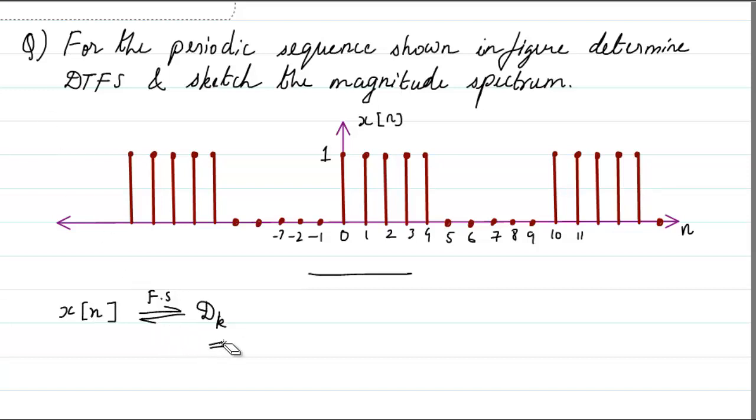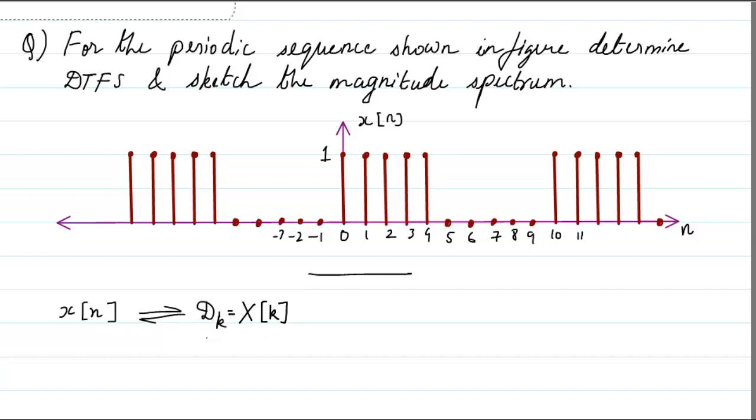Now I am going to make a small change here, because in most of the textbooks instead of dk, it is referred to as capital X of k. So it's the transform from x of n to x of k.